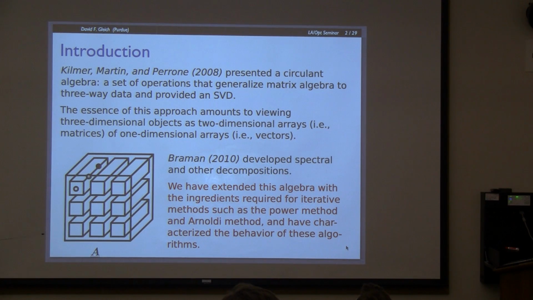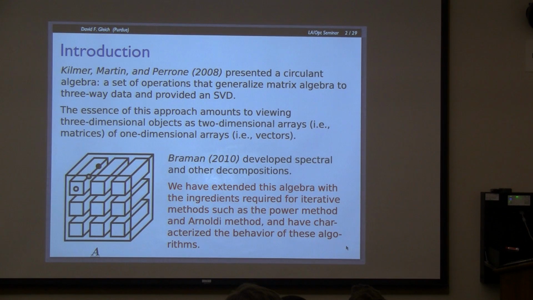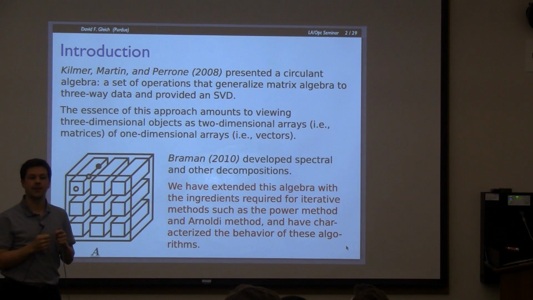So in a nutshell, the way they're going to generalize matrix algebra is take a cube of data and treat it as a two-dimensional array of one-dimensional things. Okay, so think like these data cubes are going to interact like matrices and vectors, except the vectors are going to be these thick entities now.